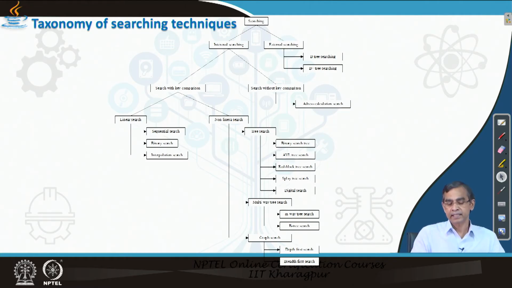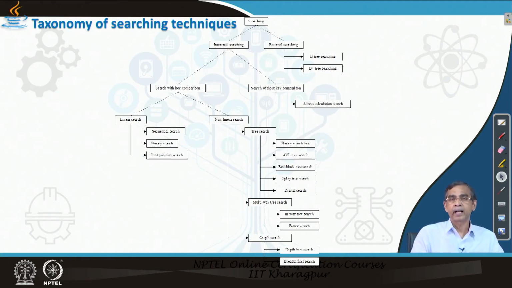There are certain other searching techniques where, in lieu of binary, it is multi-way searching. This is called M-way searching, for example B tree search and B plus tree search. In general, they are called M-way tree search.